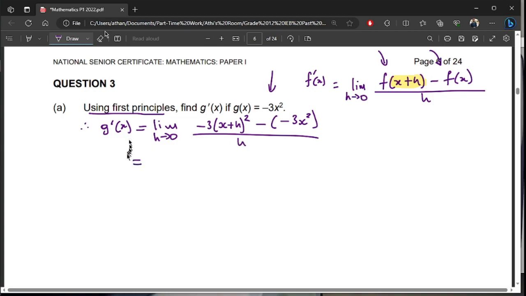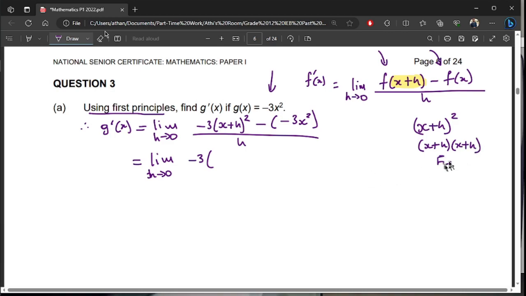And then to move further now, we have the limit as h approaches 0. I'm going to multiply the bracket. This is negative 3. When you multiply the bracket, you expand, meaning you're going to do FOIL. In other words, it's x plus h squared, which is x plus h and x plus h.